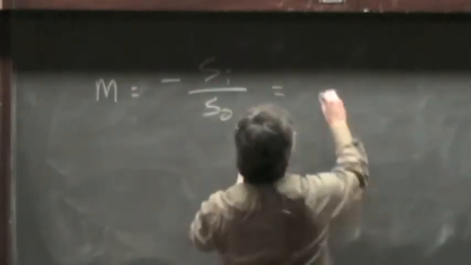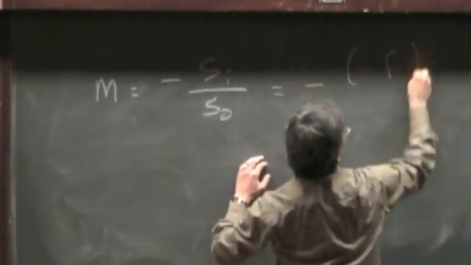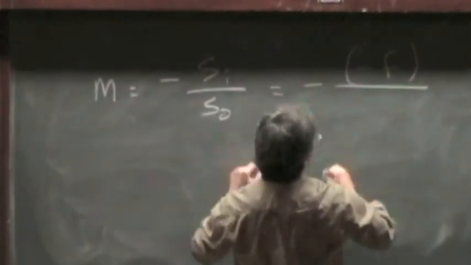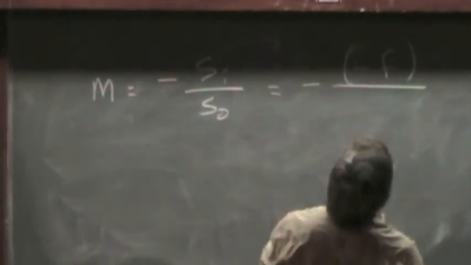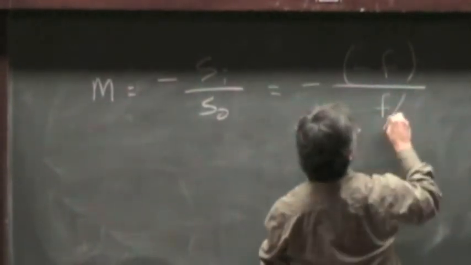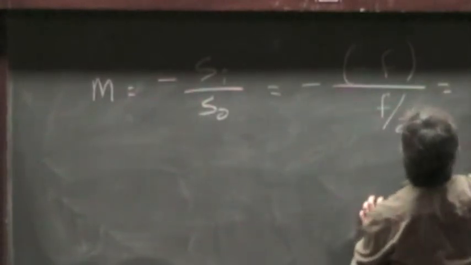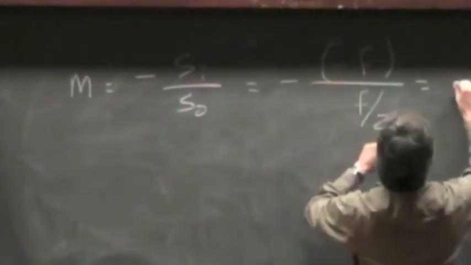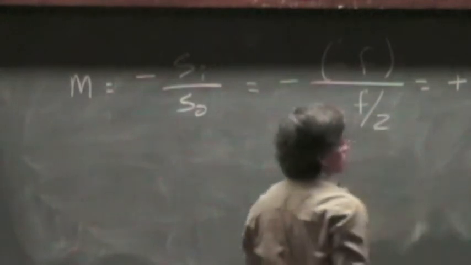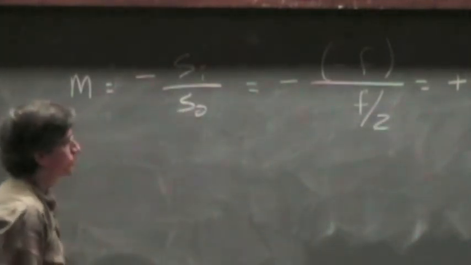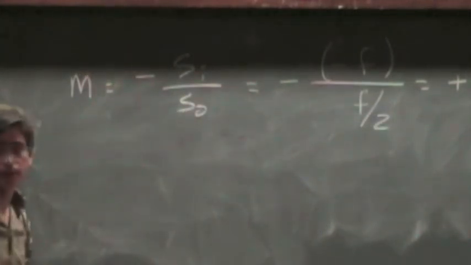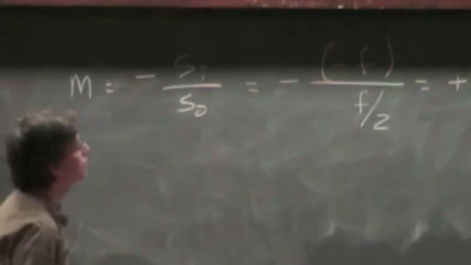SI we found that is minus F, and SO was F divided by 2. So that gives you minus with minus, plus 2. So 2 times as big, that's a magnifying glass, the way you're using it.